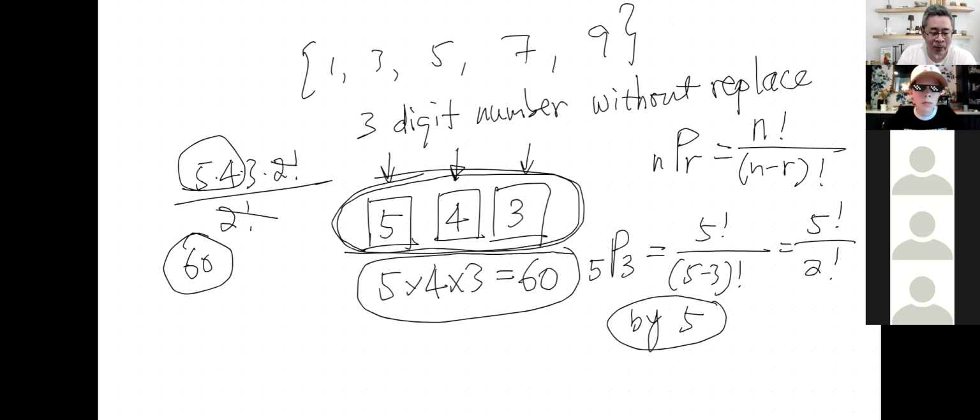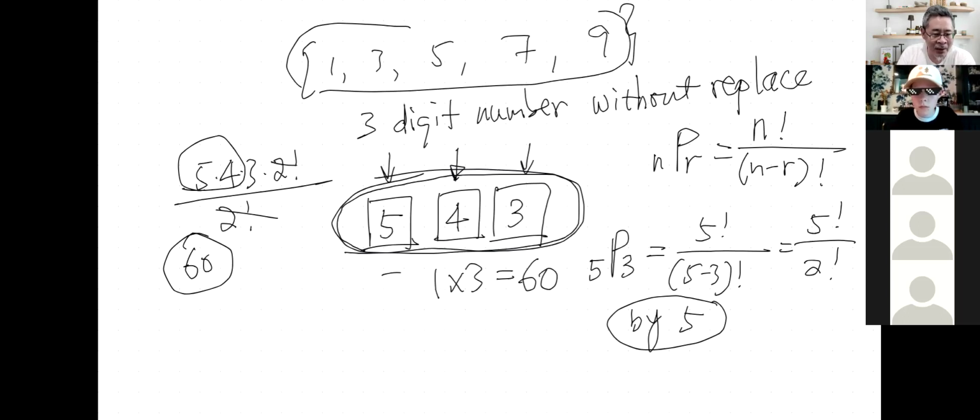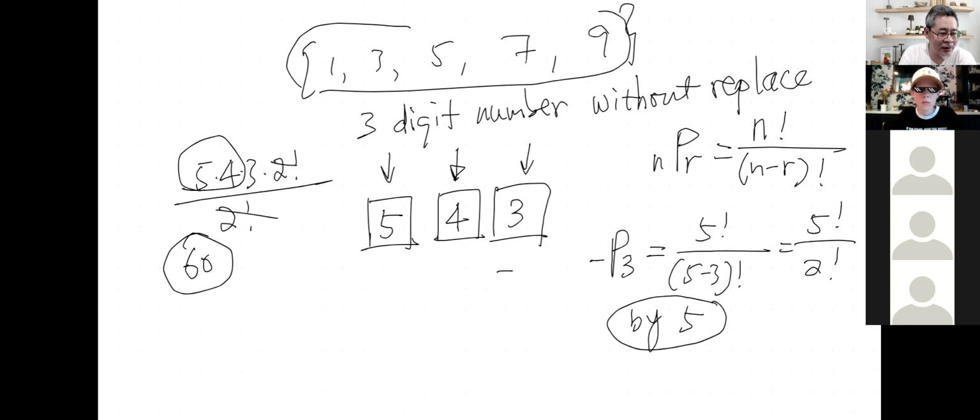So let's look at it. Well, definitely it won't be 60. We know that out of five digits, making a 3-digit number, we have a total of 60. We need to figure out how many of those are divisible by 5. Well, how do we do that? If it's divisible by 5, what happens to the last digit, which is the units digit? The units digit has to be a 5, so that's fixed. We just have one choice.